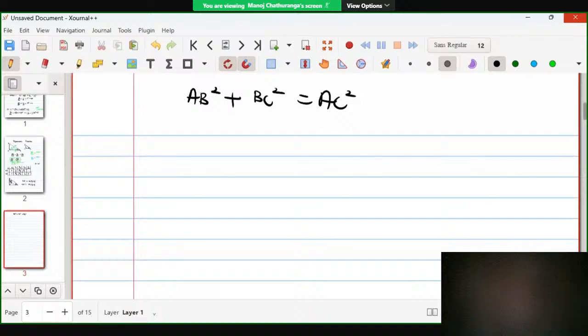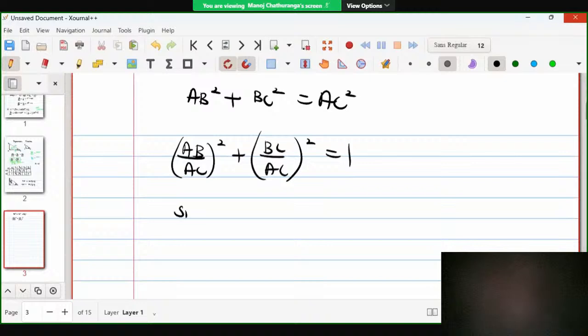If you divide both sides by AC squared, it simply says sine square theta plus cosine square theta equals 1. The square of sine theta, we usually write as sine square theta. This is just a notation.